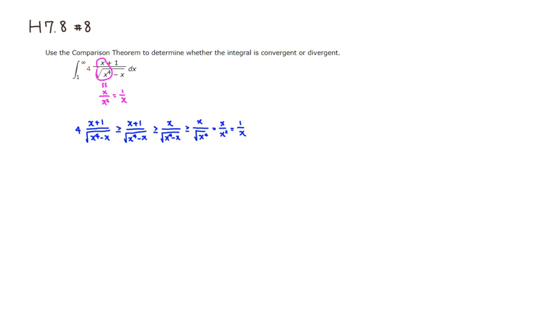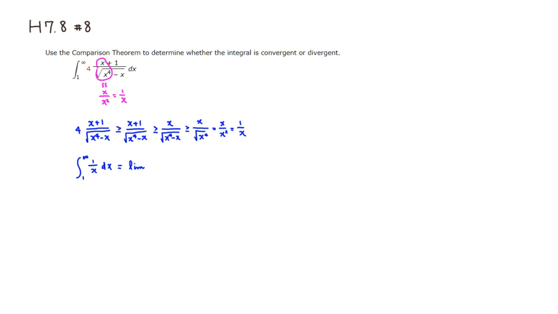All we have to do is verify that the integral from 1 to infinity of the smaller one, which is 1 over x with respect to x, diverges too. So we have a limit.